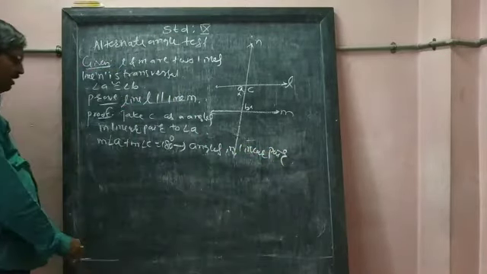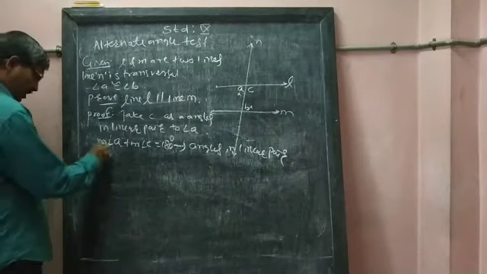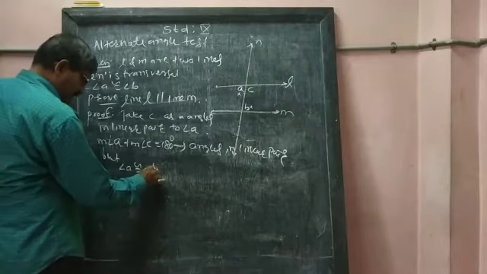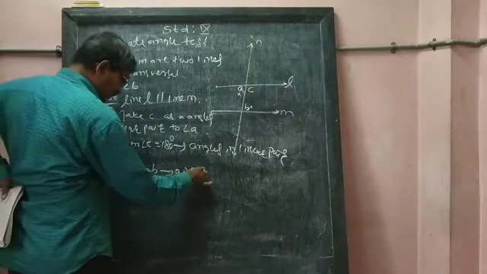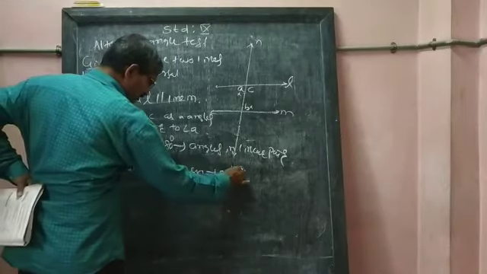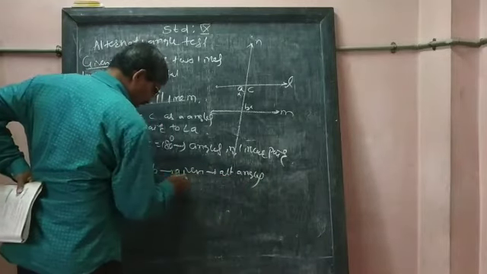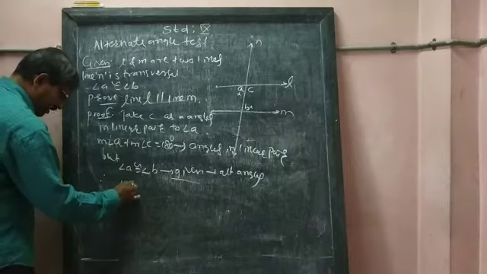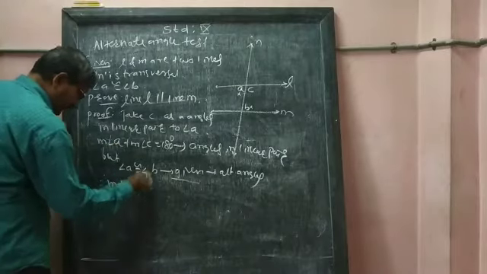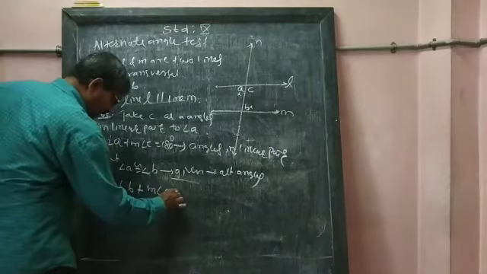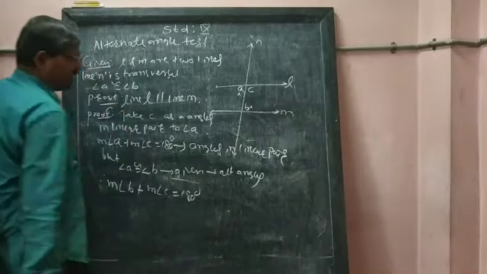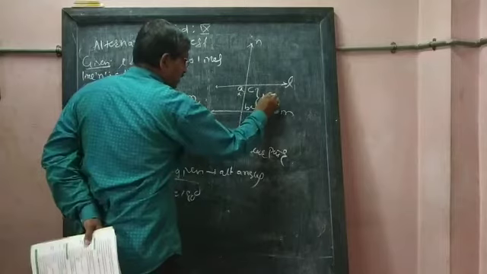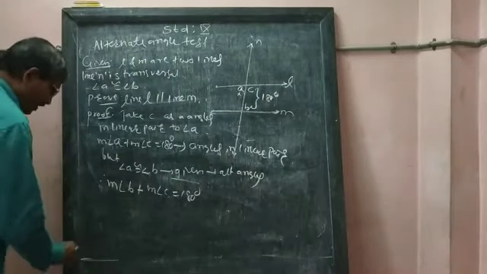But what is given? Angle A congruent angle B, it is given to us as alternate angles. Therefore, instead of A, I will take B: measure of angle B plus measure of angle C is equal to 180 degrees.